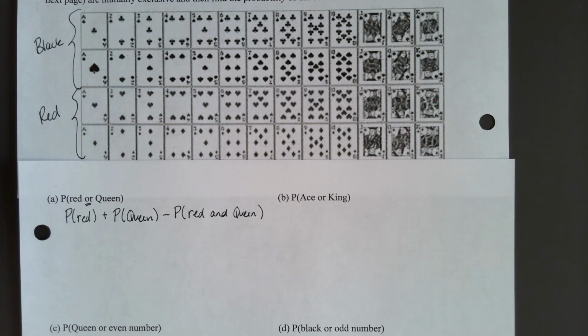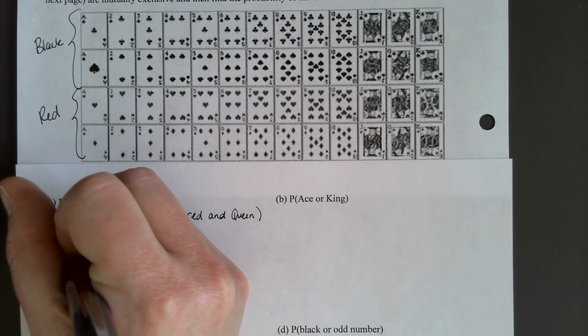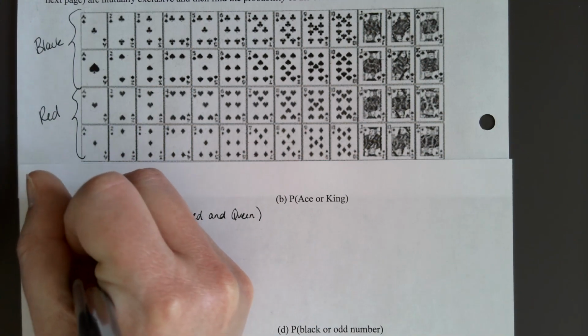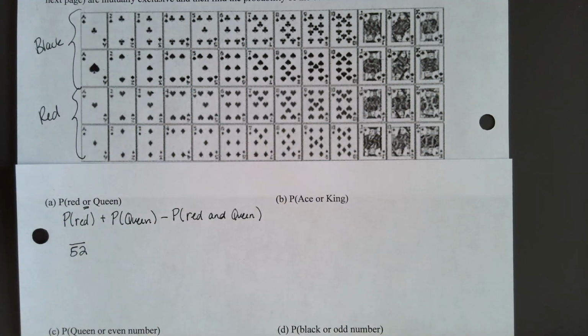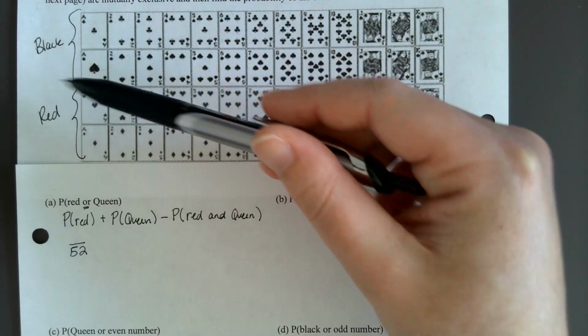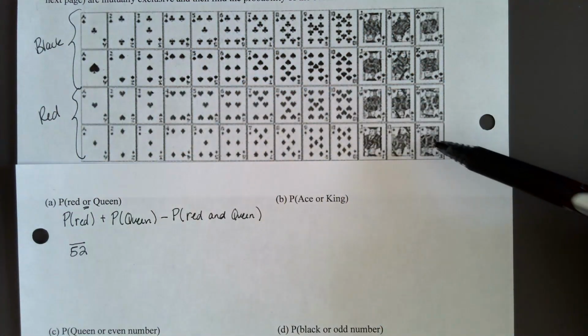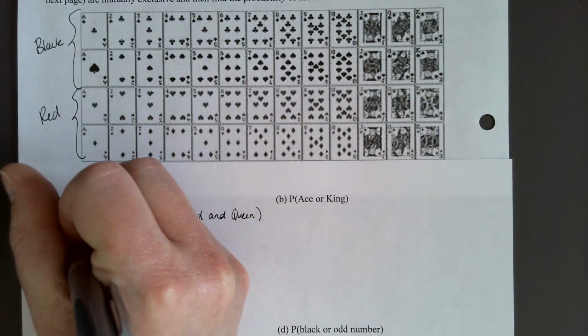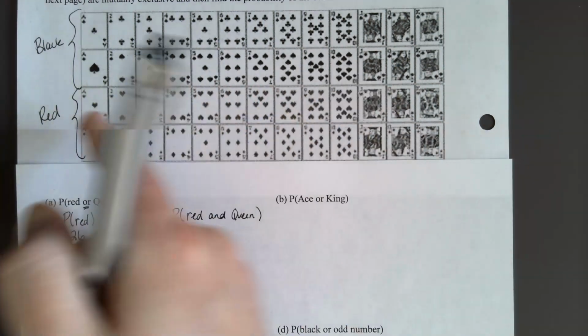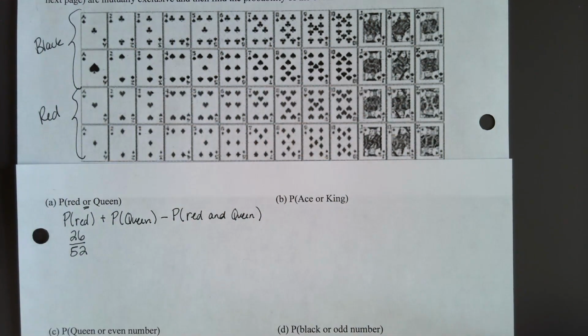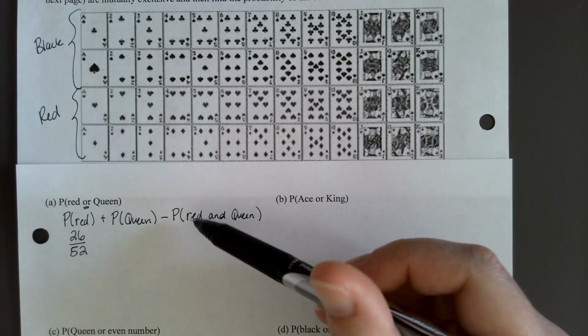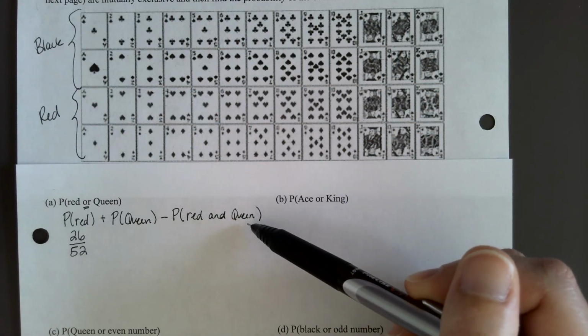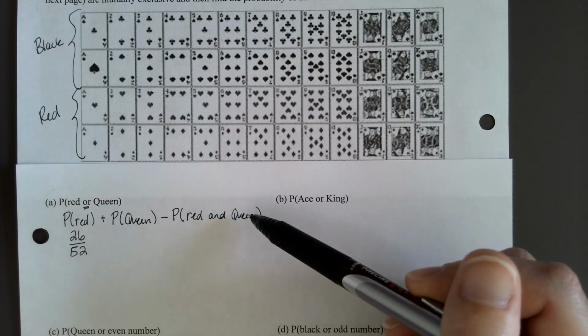So if I want to look at the probability that we're going to get a red card, out of the 52 cards, half are red. So looking at half of the red here, we're going to have 26 because there's 13 cards per suit. If I'm looking at reds and queens, so red and a queen.